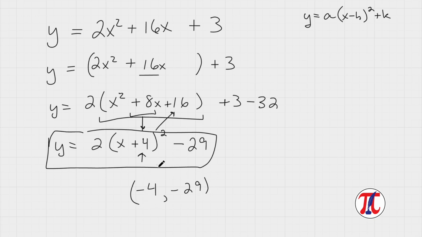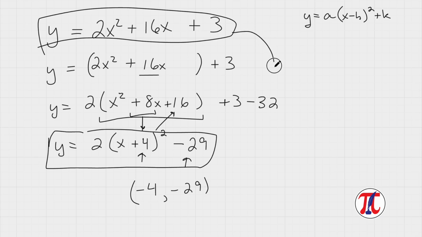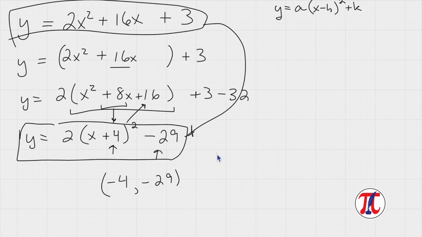My h is what I'm subtracting from x, my k is what I'm adding on the end here. I'm adding a negative 29, so it's negative 29. I'm subtracting a negative 4 here, so it's negative 4. And there I have that in vertex form. So I just changed that from standard form to vertex form by completing the square.